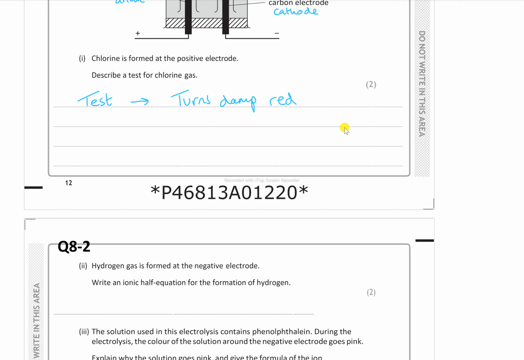It turns damp red litmus paper white. Or bleaches it. Yeah, same thing. So it turns damp red litmus paper white, or turns damp litmus paper white. Litmus, don't miss that word. Litmus paper white. Done. Next one.